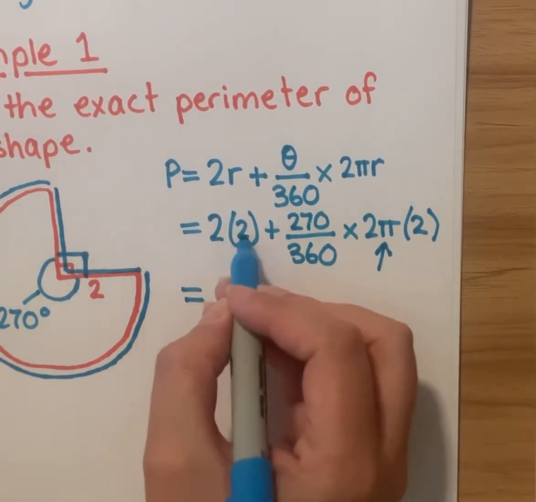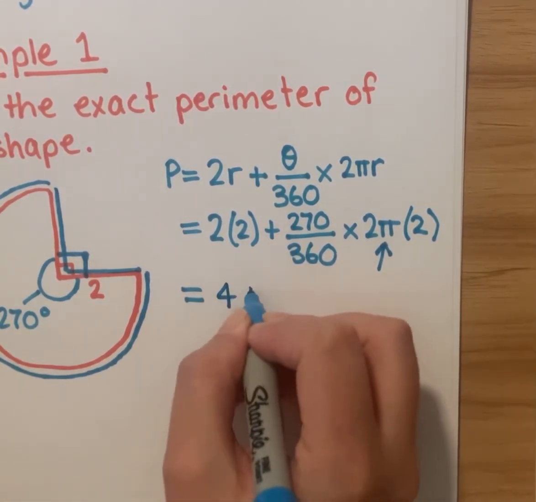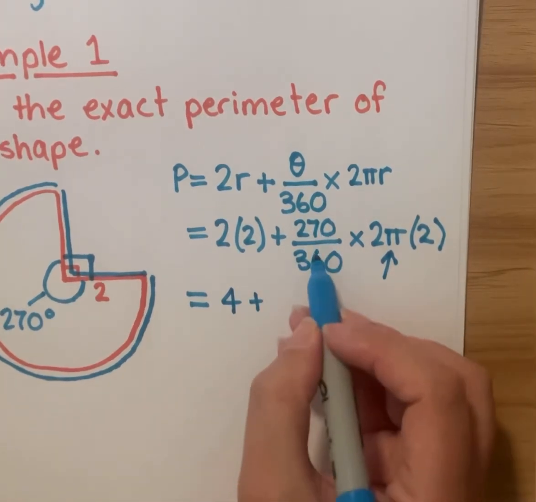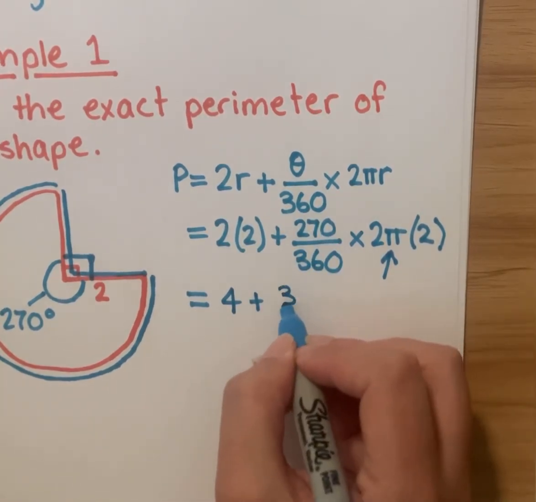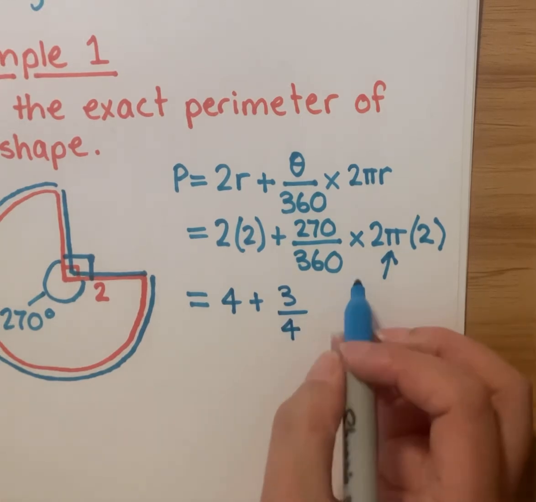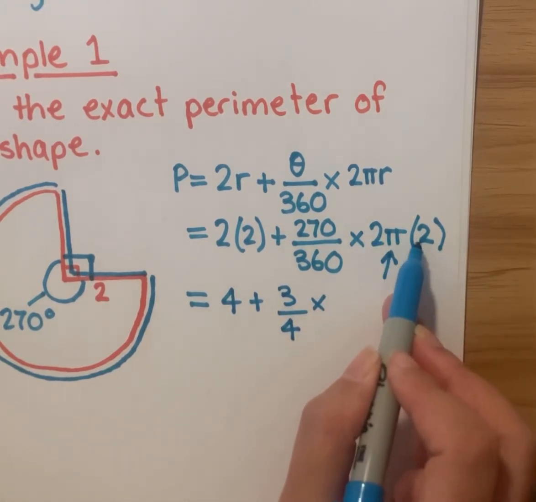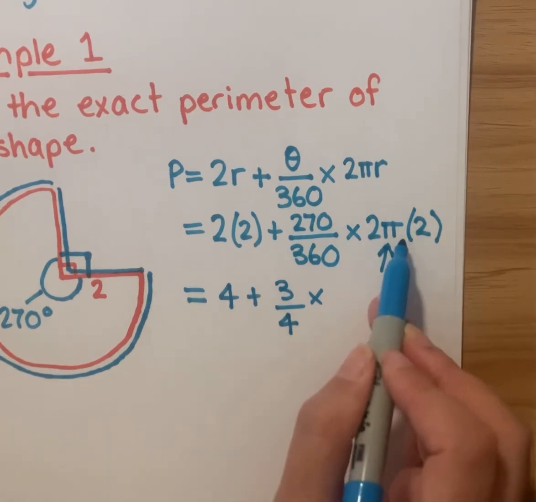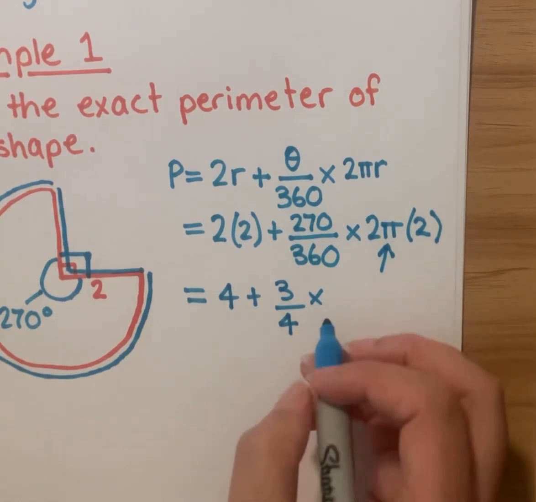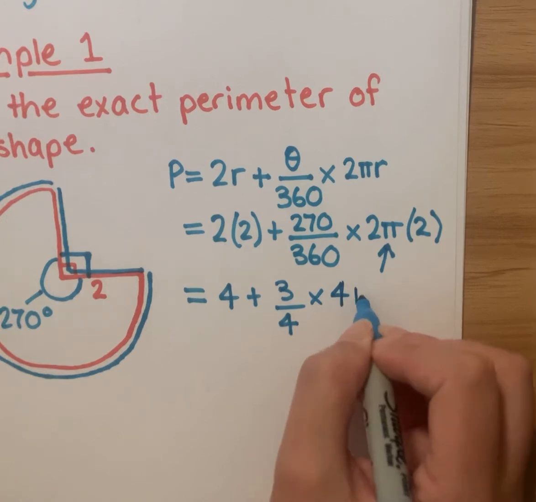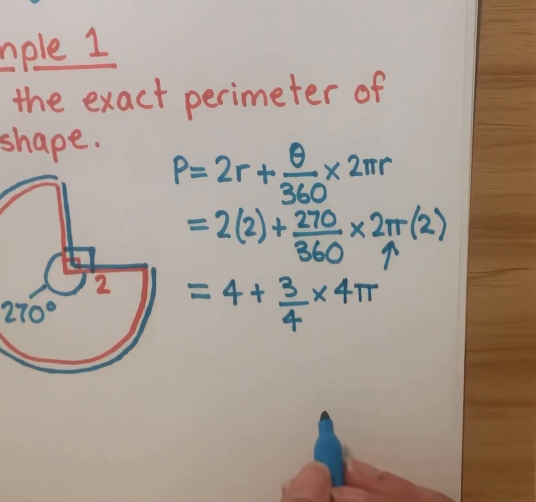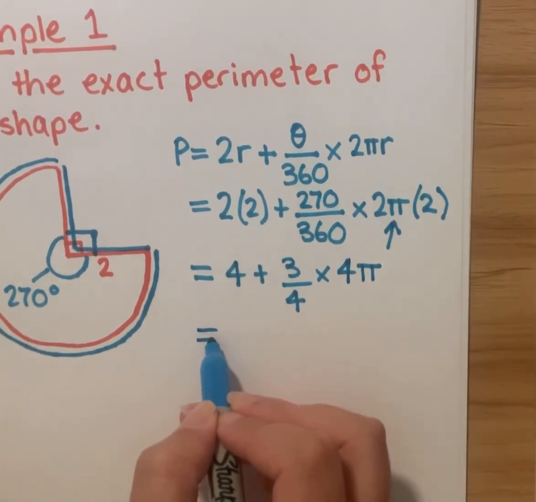So we can operate on everything else. 2 times 2, that's 4. Plus, well, we can simplify that to 3/4. We know it's 3/4 of 2 times pi times 2. Well, that's going to be 4 pi. 2 pi times 2 is just going to be 4 pi. So we can kind of simplify this equation a little bit.